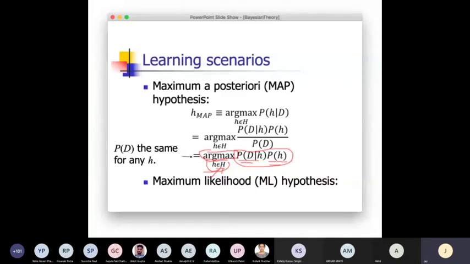Now let us consider the maximum likelihood hypothesis scenario. It is very simple. As we have seen from the case of the a posteriori hypothesis scenario, we are anyway computing this likelihood of the data given the hypothesis.